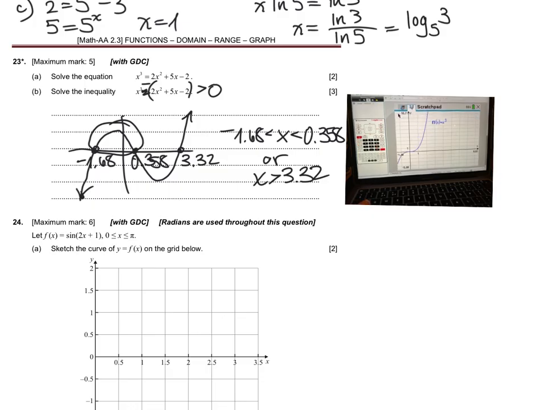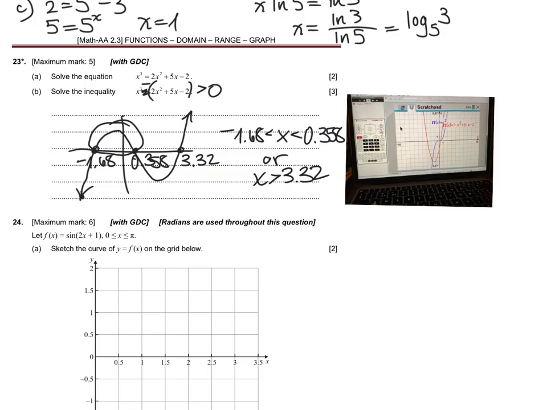And then we can put in the 2x squared plus 5x minus 2. Okay. All right, so what we would want, let's go back to standard. We want this intersection and this intersection.